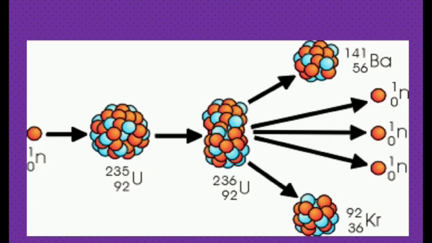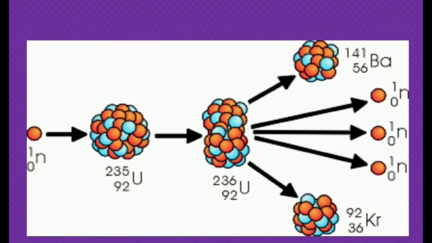On decreasing the speed, these neutrons bring about fission of more uranium-235 nuclei. In this way, a chain reaction of nuclear fission takes place. A large amount of nuclear energy is released during a chain reaction of fission.